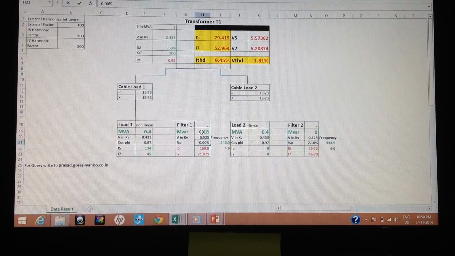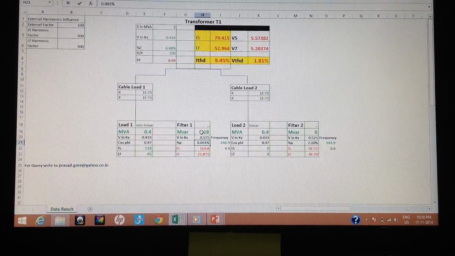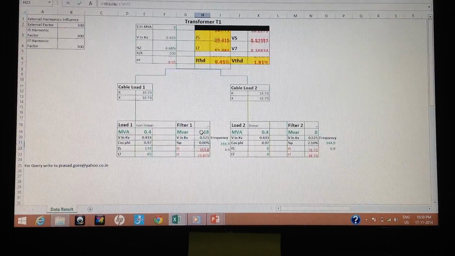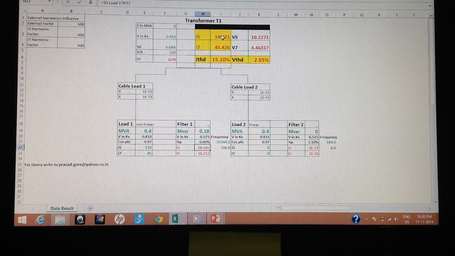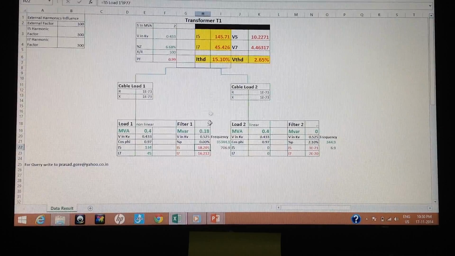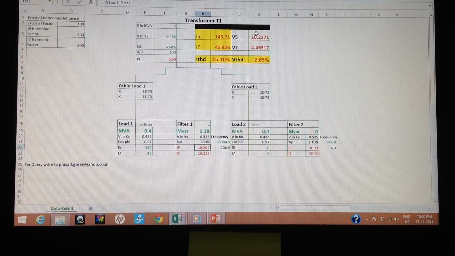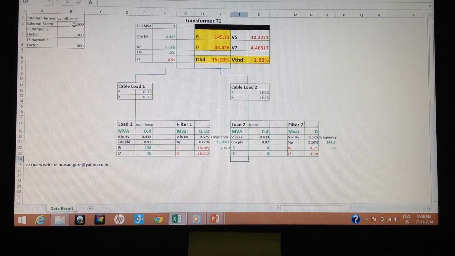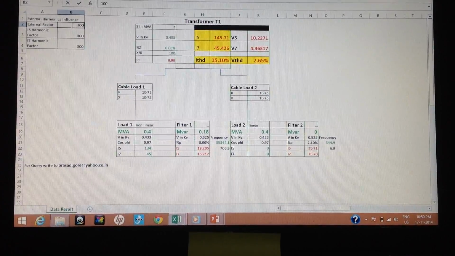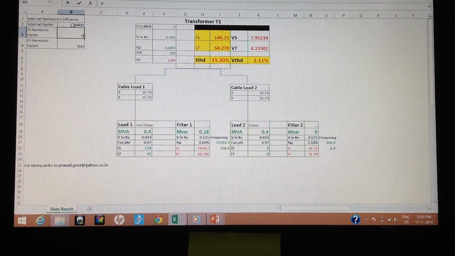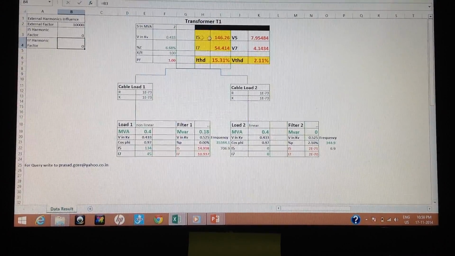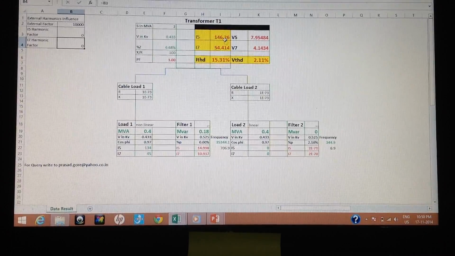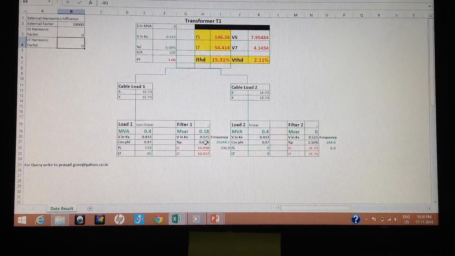These conditions are still there, and you have got 134 increased to 145 here, and 45 there is no change. Okay, and if I make it good, I mean to say very strong utility and no harmonics, still you can see the amplification. So putting plain capacitors with no harmonic filters will amplify your harmonic contents.